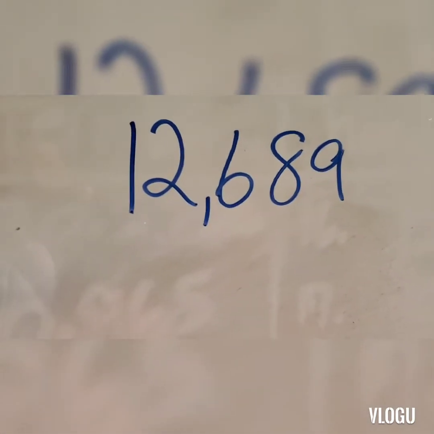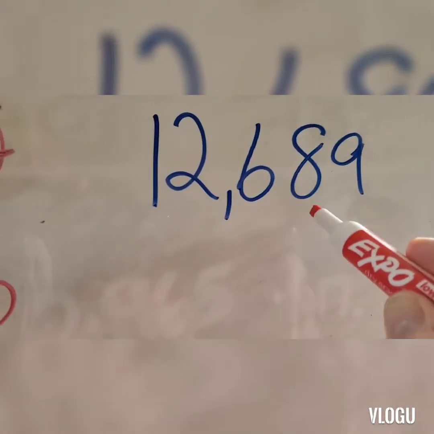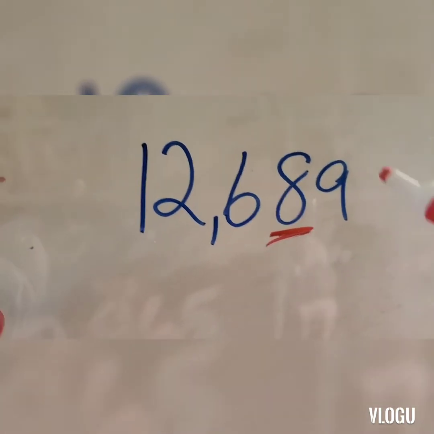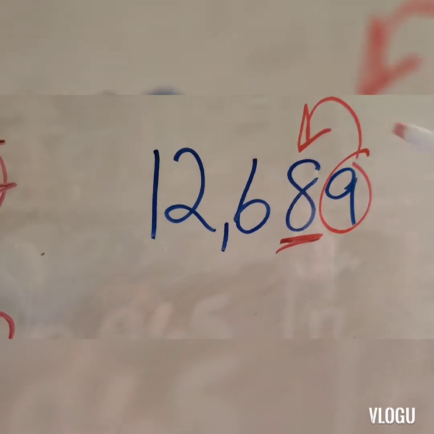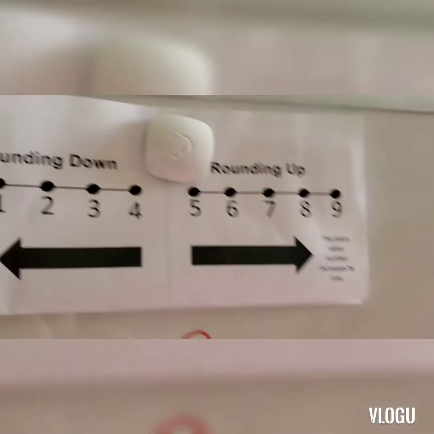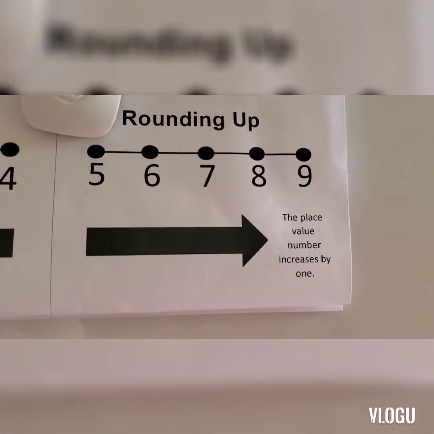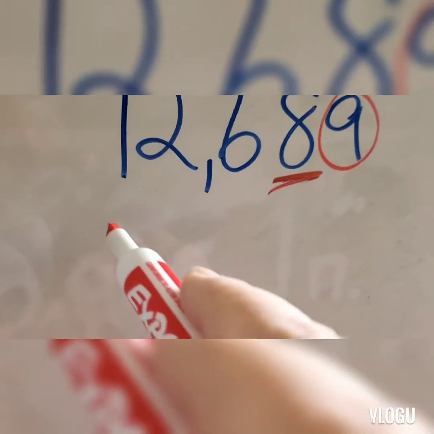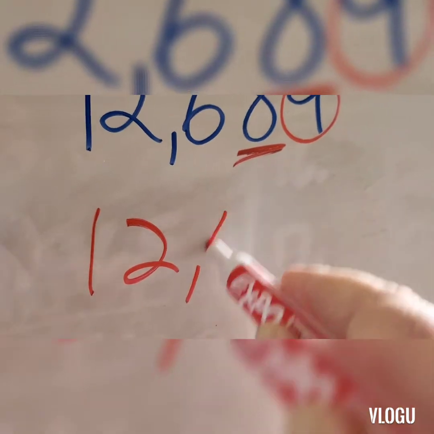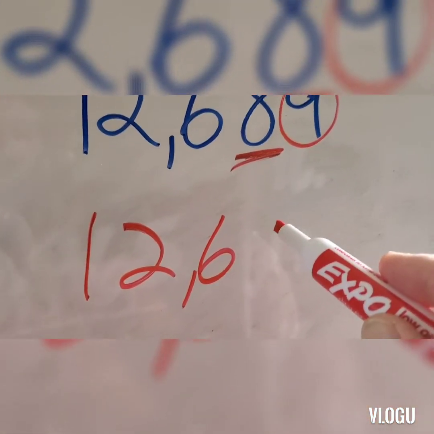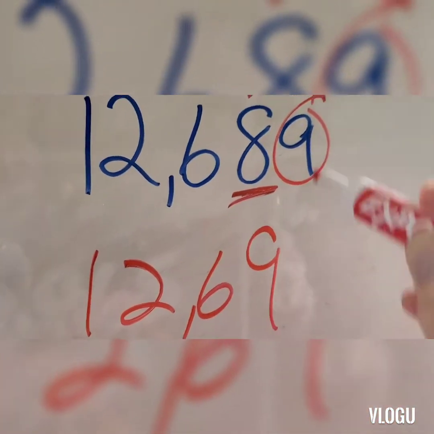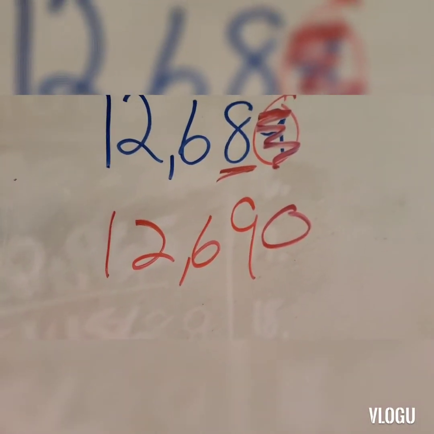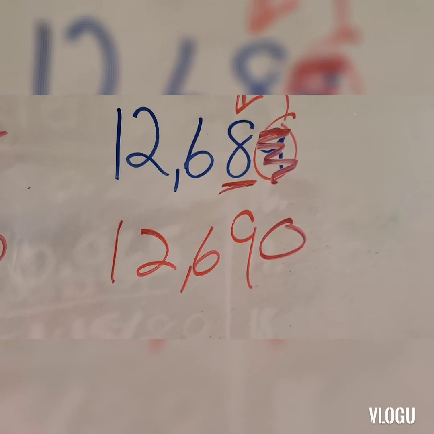Number 4. Even though there's a lot more numbers, I'm still underlining the number in the tens place. The 9 tells the 8 what to do. 9 is on the rounding up side, and it tells the 8 to increase by 1. So this all stays the same. 8 becomes a 9. And the answer is 12,690.